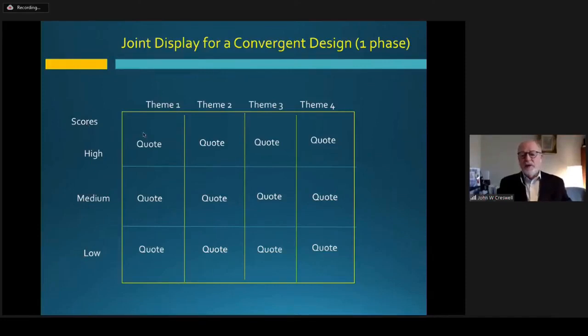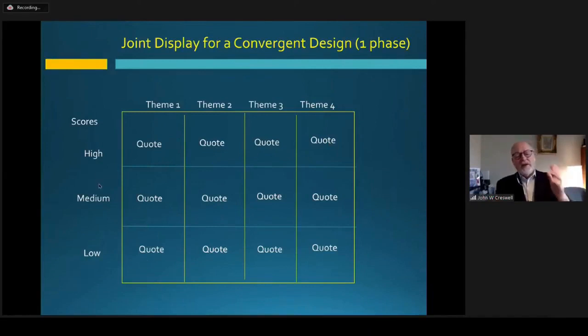And what we can do here is put quotes or numbers in these cells. And we can ask ourselves, well, for the people that scored high, how were their perceptions different on these four themes, or were they similar? So we can look across a row, or we can look down a column.